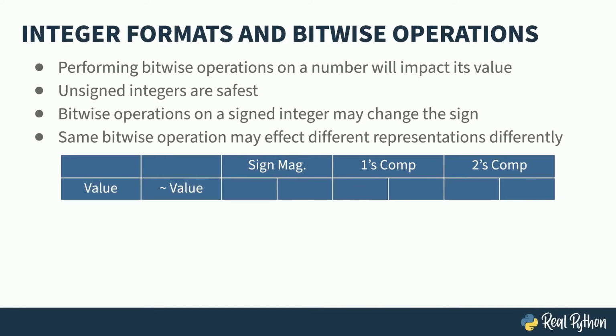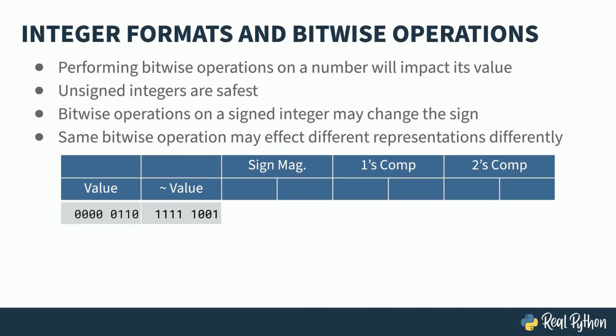In the following table, I'm going to show you the three types of negative number representation. For each case, I'll show a value, the value NOTed, and the resulting decimal numbers in the three representations. 0110 NOT is 1001.